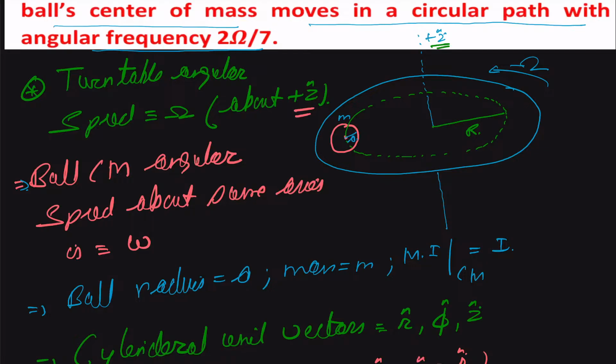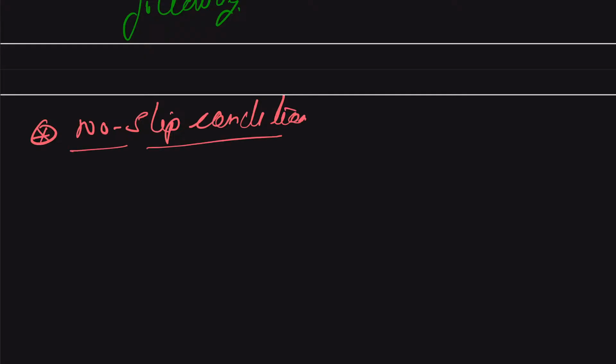So let us consider a no slip condition. For the no slip condition we can say that at the contact point, the velocity of the bottom of the ball must be equal to the velocity of the table at the same point. These two velocities should be equal.